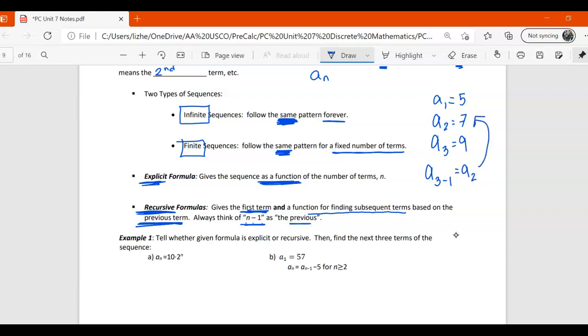So that n minus 1 is going to pop up. You're going to see it all the time, but it means the previous term.